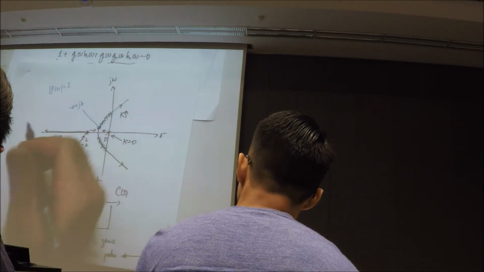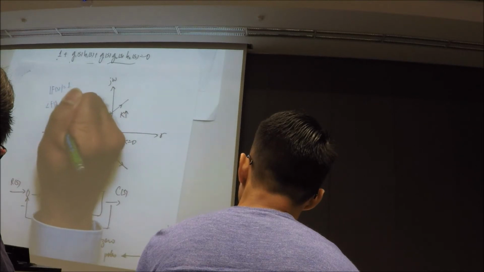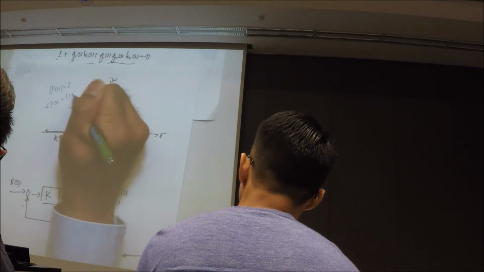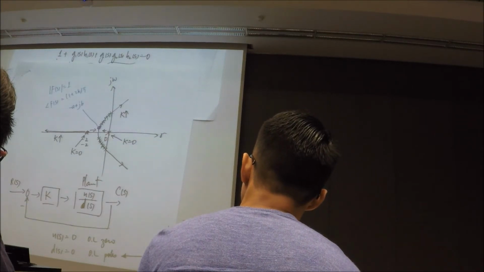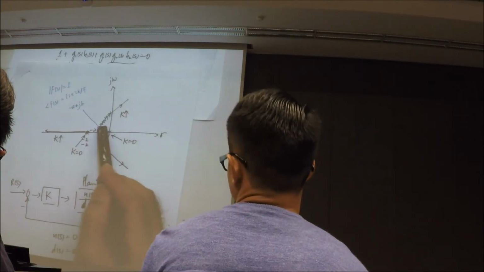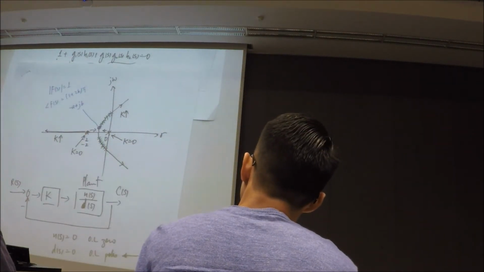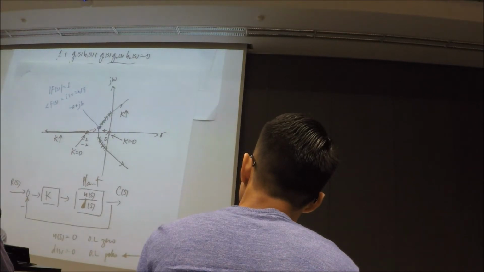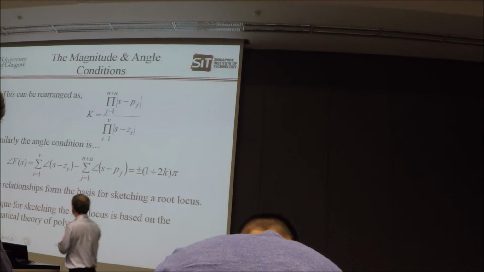And at the same time, you can also show that the angle is going to be equal to 1 plus 2k pi, okay? So if this is a point on the root locus, these two conditions must be fulfilled. One is the magnitude, the other is the angle condition. Okay, so that is what we have here.